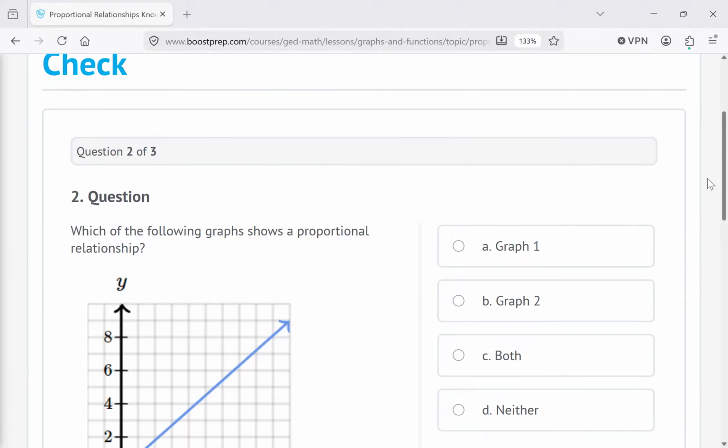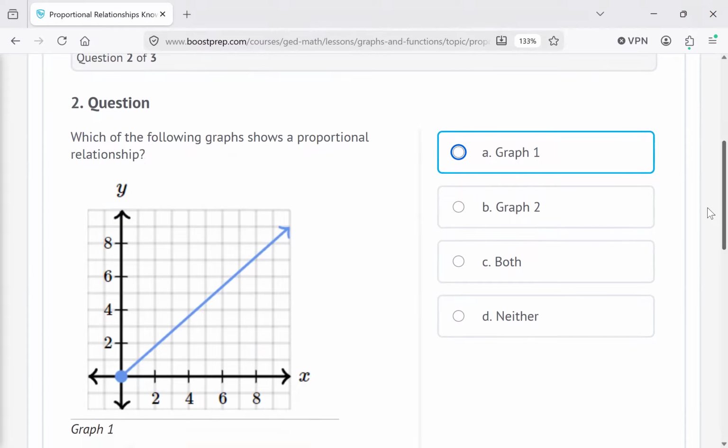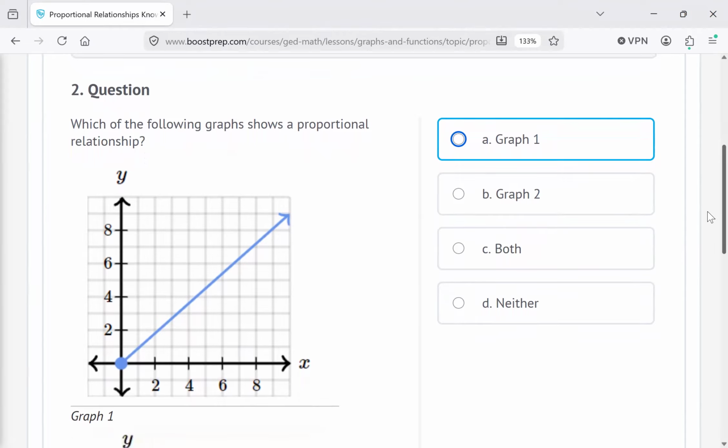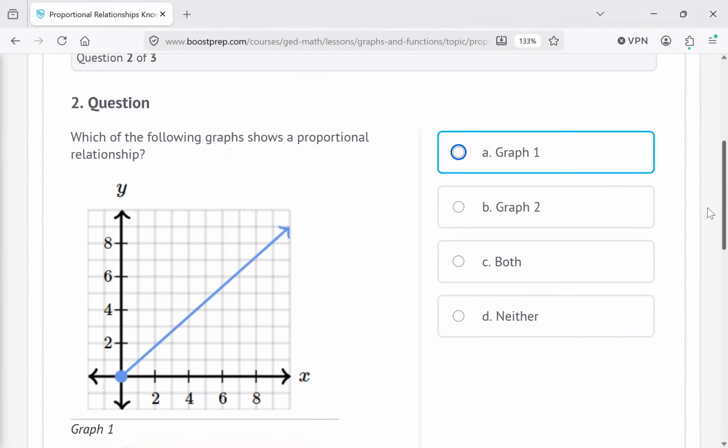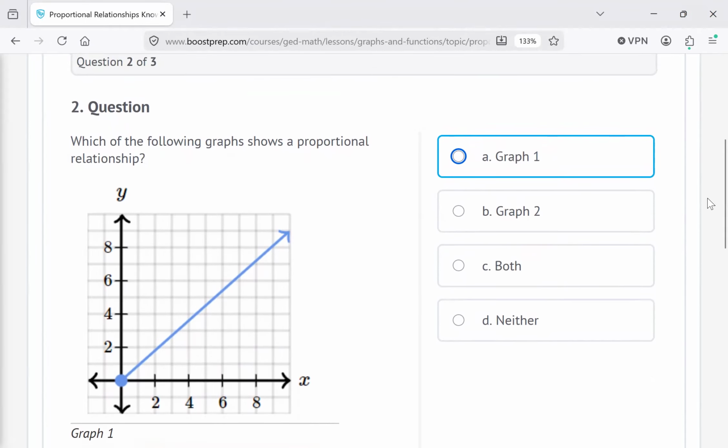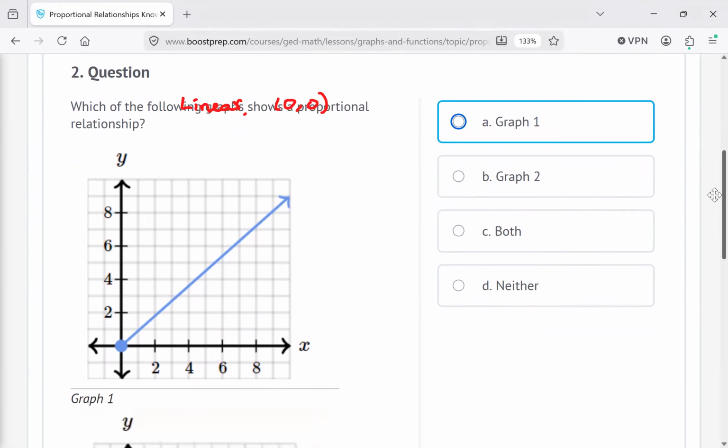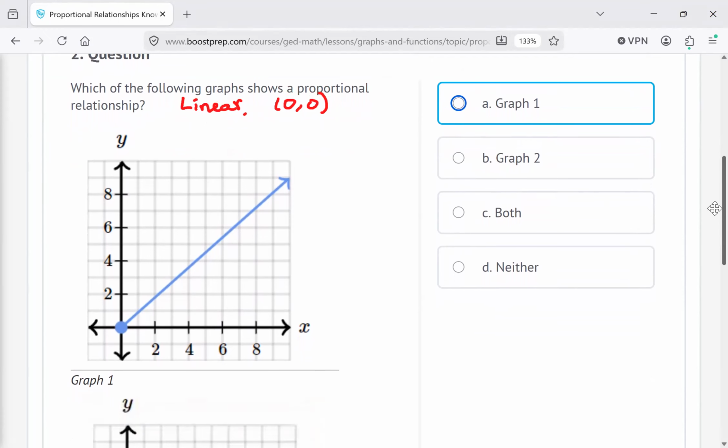Okay, question two. Which of the following graphs shows a proportional relationship? It has to be linear and it has to go through the origin. Let me write this down. In order for it to be proportional, it has to be linear and have a y-intercept of 0, 0, or go through the origin. The slope can be negative. So is it graph one?